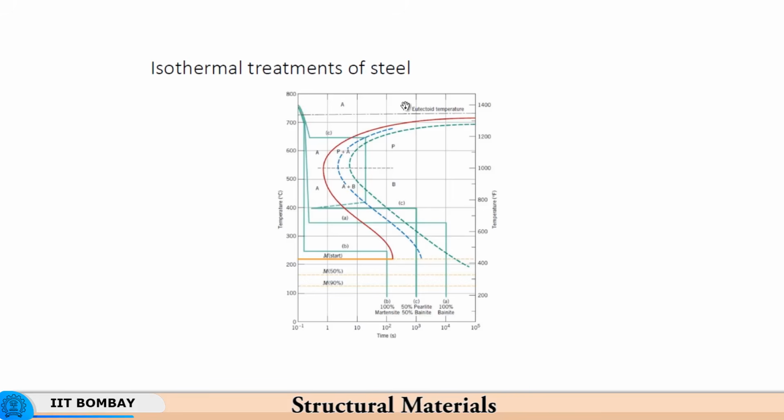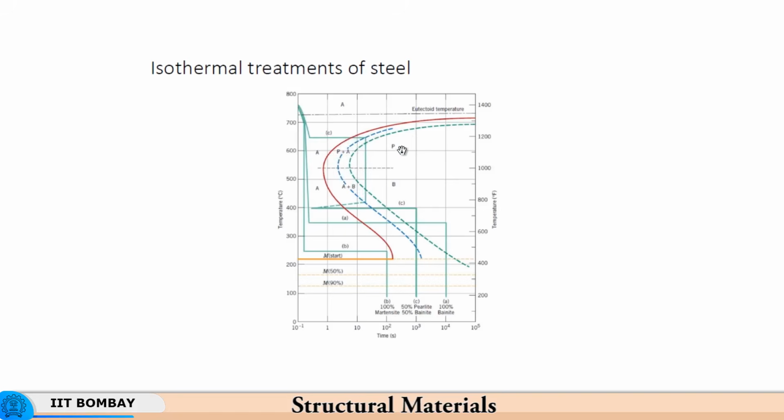You have the eutectoid temperature, of the order of 723, and above that you have full austenite. So you raise it to say 750 degrees centigrade, and then you cool it and hold it at different temperatures. Now, you see that here you have perlite plus austenite generated.